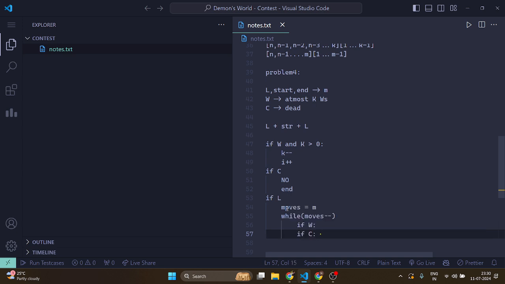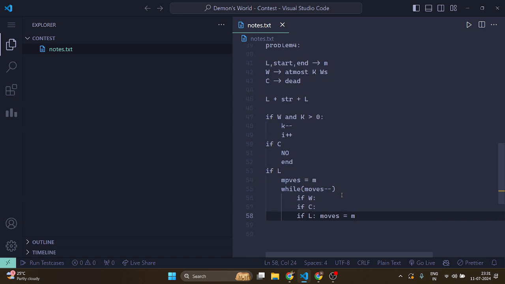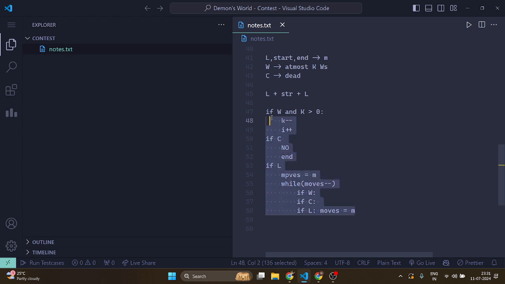If you are on land, just recharge the moves to m, because now you can again jump m steps forward. That's it. This is enough to solve the question.